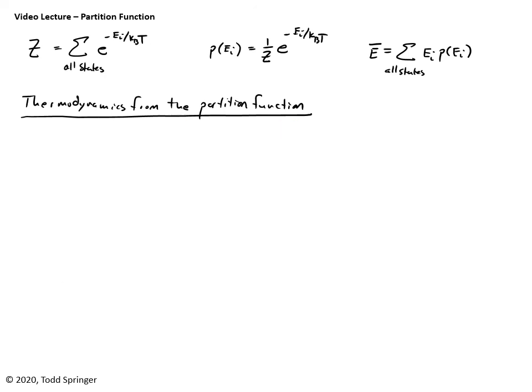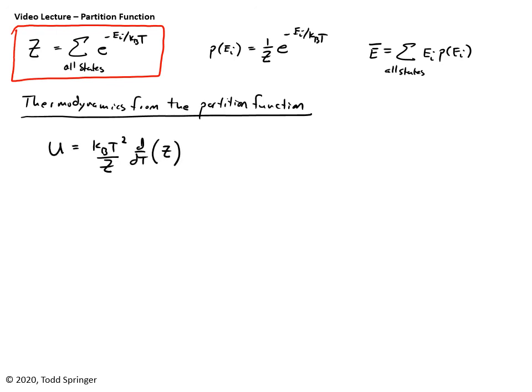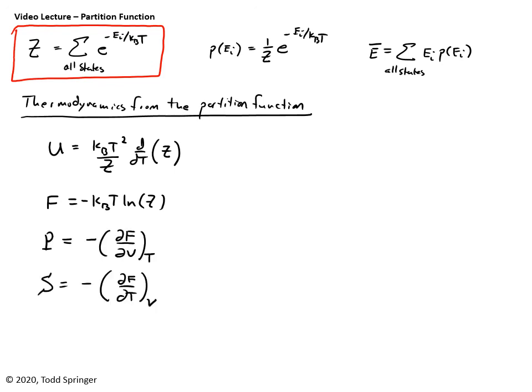So the math gets a little bit complicated, but it's worth summarizing because it's so important that if you know this partition function, you can get all kinds of things about the system. If I know the partition function, I can determine the internal energy U. I can also determine this thing called the free energy F, which is minus k_B T natural log of Z. And then once I know that, I can determine both the pressure and the entropy just by taking derivatives.